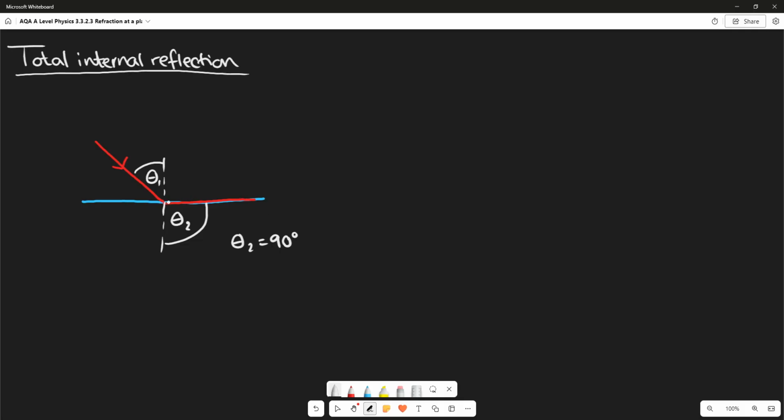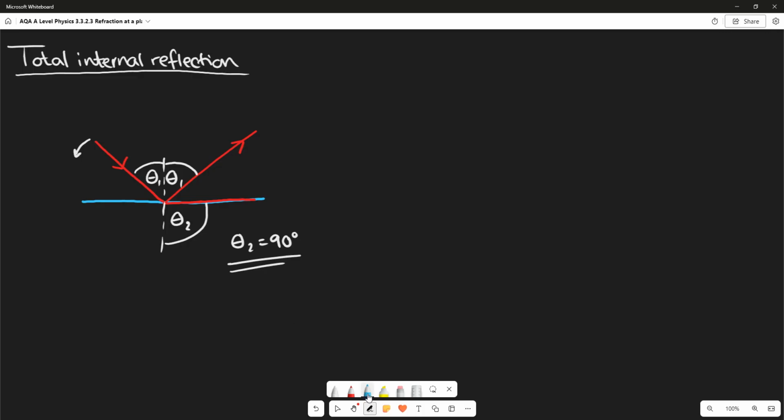If you move this angle ever so slightly, even by, say, a millionth of a degree further, and make it slightly larger, this ray disappears and you get a reflected ray, and that follows the rules of reflection in the same way that you've previously studied. So the important thing to note is that the angle of refraction is 90 degrees.